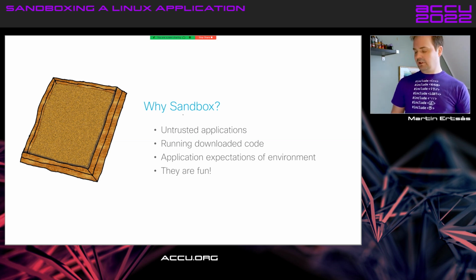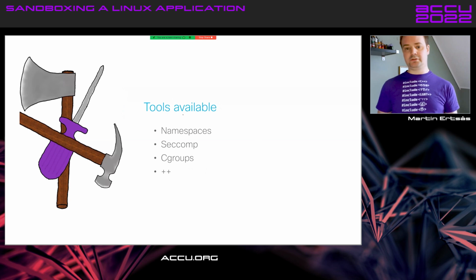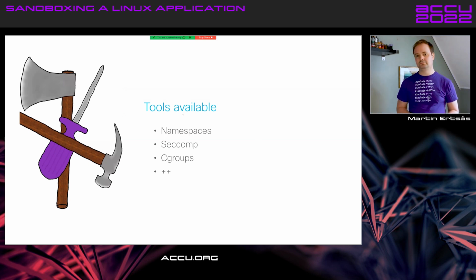Now, on Linux, you have a couple of tools that you use to make sandboxes. You have namespaces, you have seccomp, you have cgroups. You have some others as well. For instance, SELinux is really cool. We'll focus on the first three today.